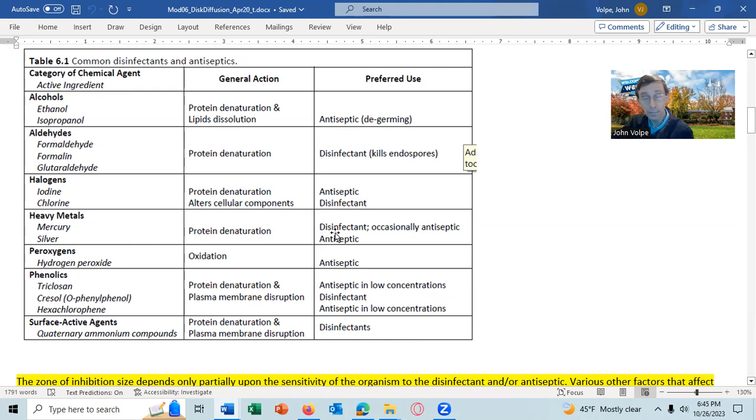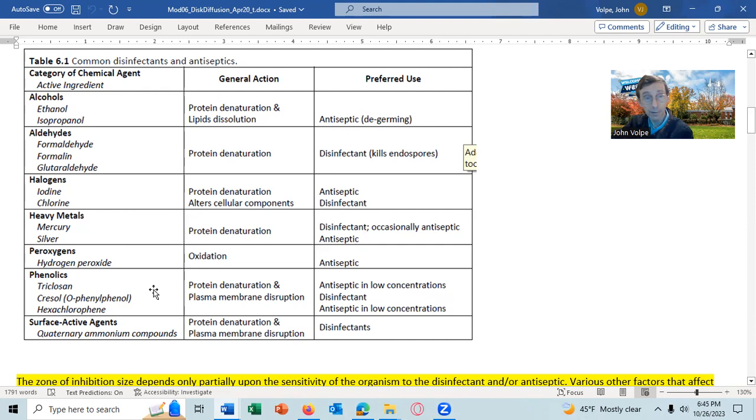For example, they will often put heavy metals in the Band-Aid or a gauze to prevent the tissue from becoming infected when you have a wound. Peroxygens I've already talked about. Hydrogen peroxide used as an antiseptic, and it's actually a very good endospore killing agent.